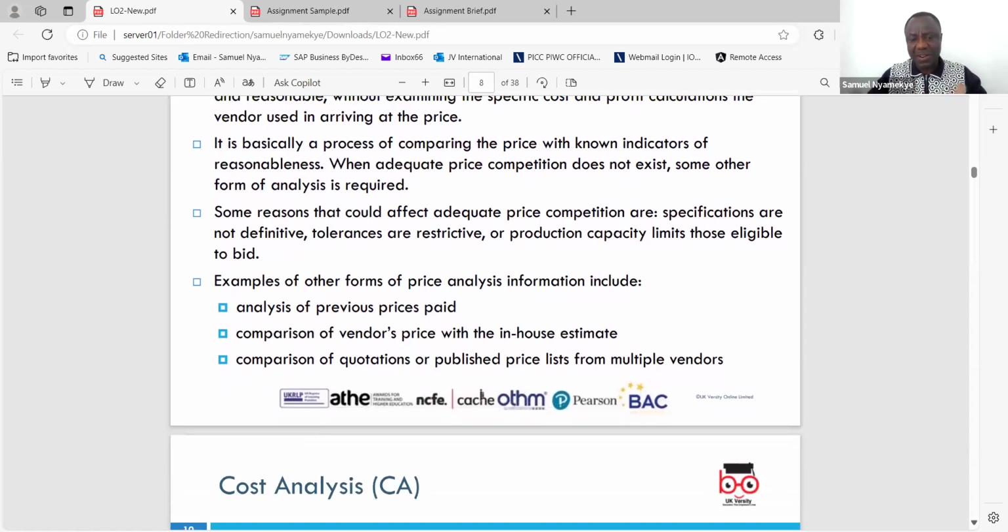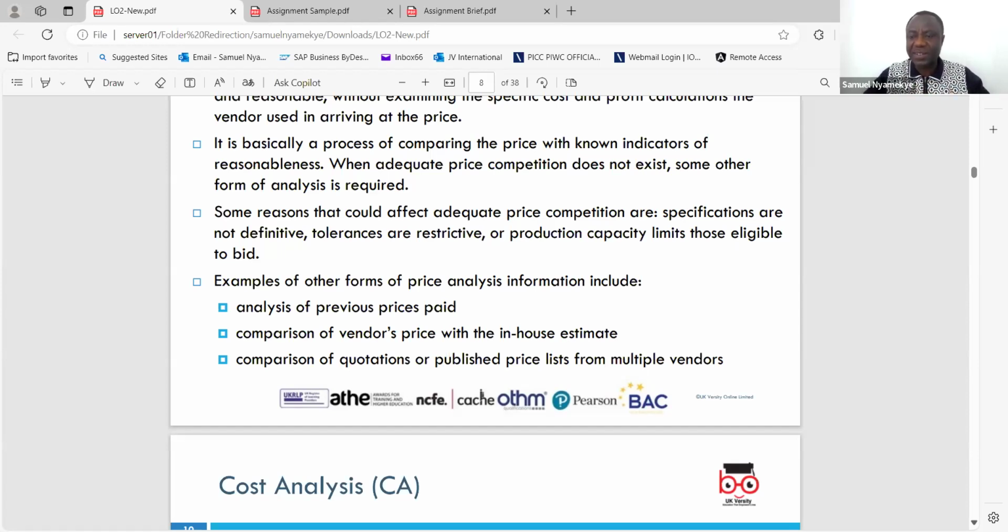So just looking at that is what price analysis looks at. Some examples are using the previous price that was paid, and it's easy. I paid £2. Or a budget that you had prepared, where you think you will spend about 1.5 million on it.